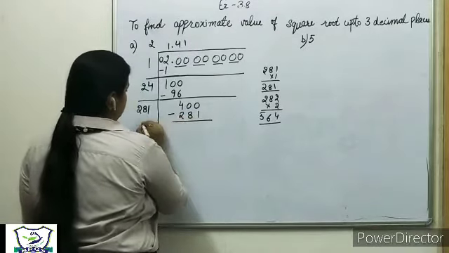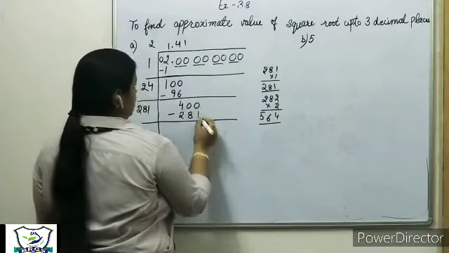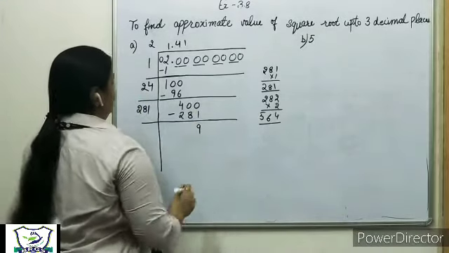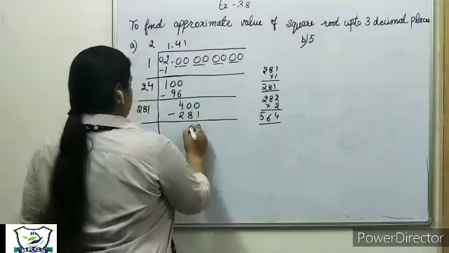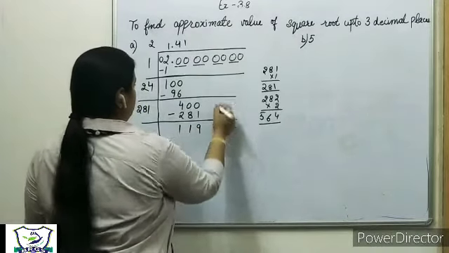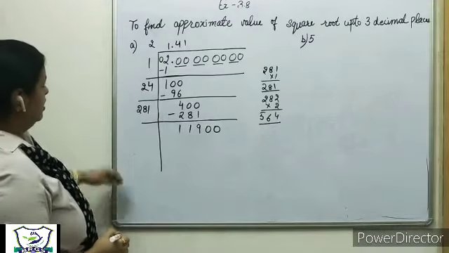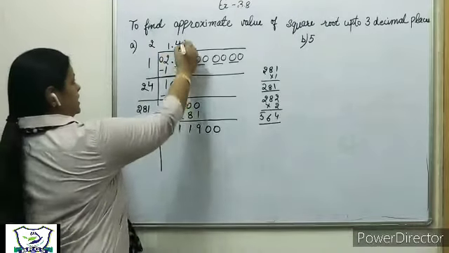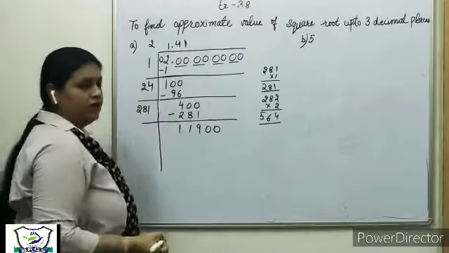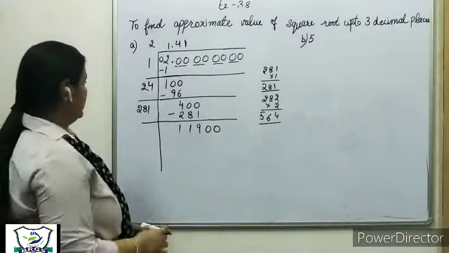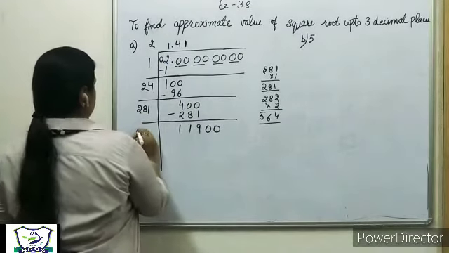281 minus, 10 minus 1, 9. 9 minus 8, 1. 3 minus 2, 1. And again the next pair down, 0 0. Okay. Now here our quotient is 141. Double of 141 is 282.